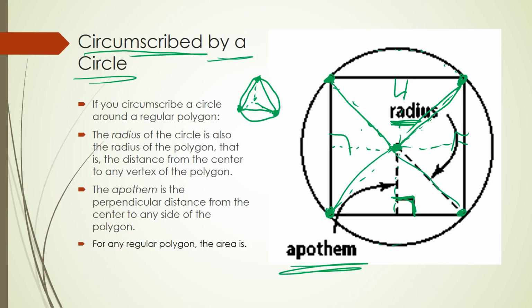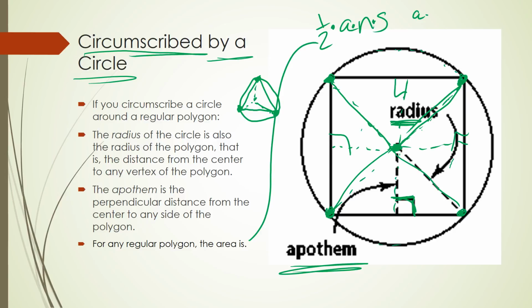So because of that, for any regular polygon, the area is always going to be 1/2 the apothem times the number of sides times the side length.